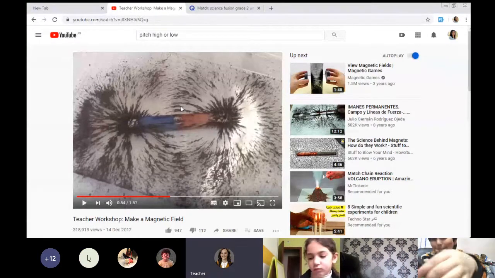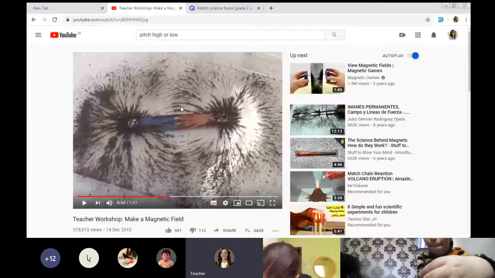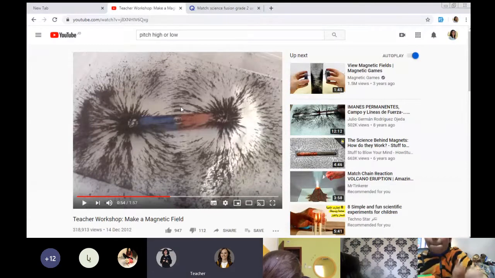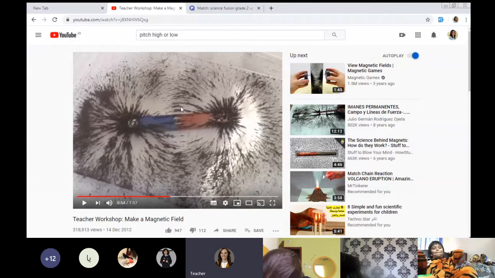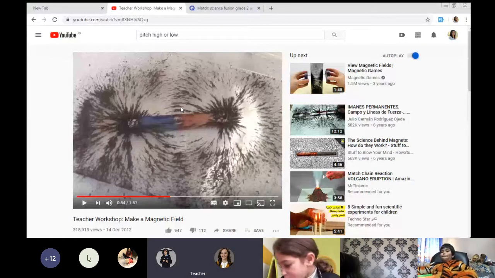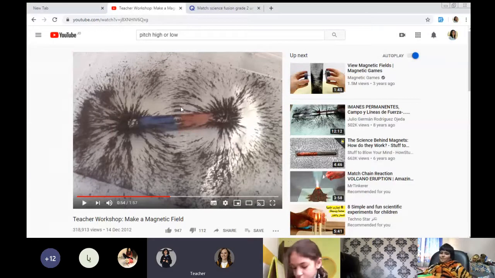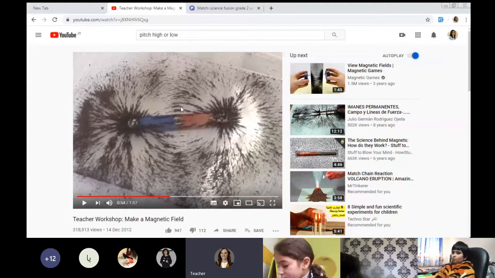Yusuf Zaidan, I want you to mention 2 examples of things that can be attracted to a magnet. Iron and steel. Can you give me an example of something made of iron or steel?